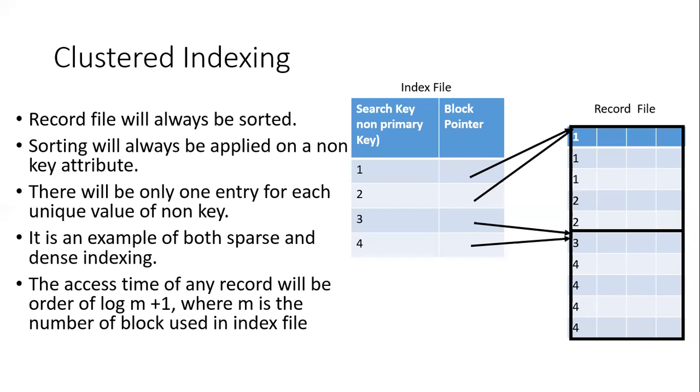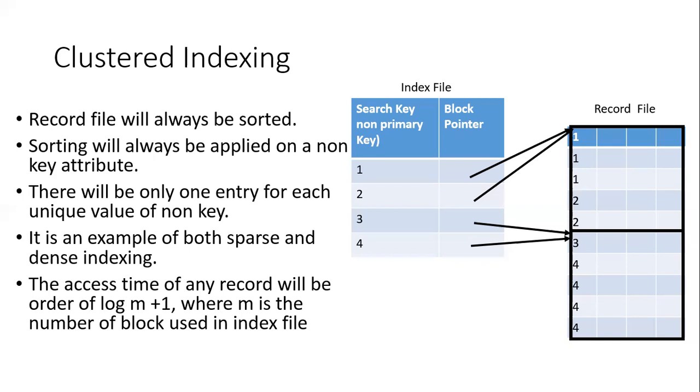Since the index file is ordered, and we all know the index file will always be a sorted file, we can apply binary search here. If the index file has m blocks, then the number of accesses in the worst case will be equal to log m with the help of binary search.